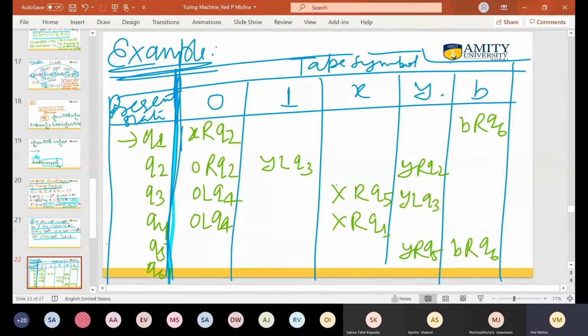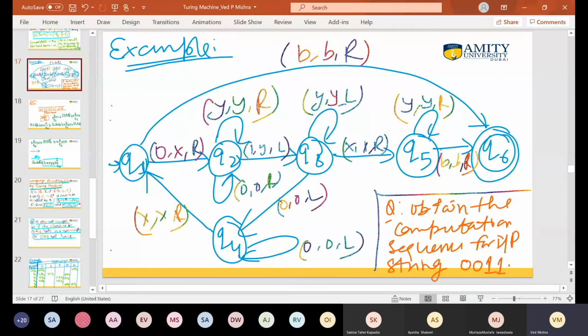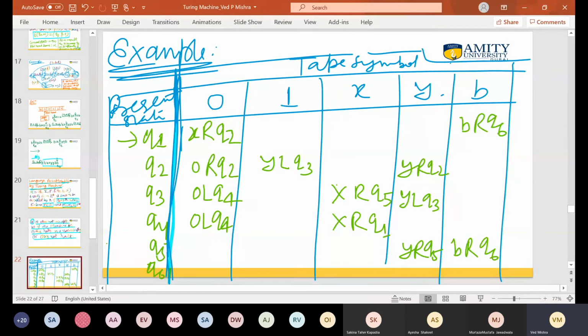Is anything left? 1, 2, 3, 4, 5, 6, 7, 8, 9, 10, 11, 12. Total 12 edges we have written. How many edges are available in the diagram? 12 edges, so this is fine now.